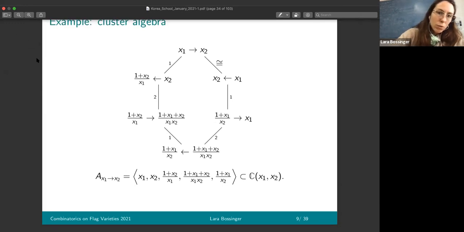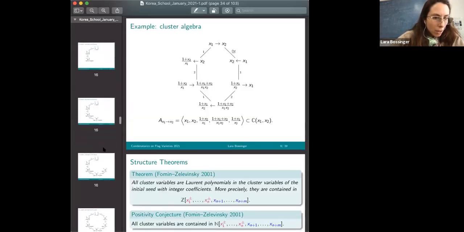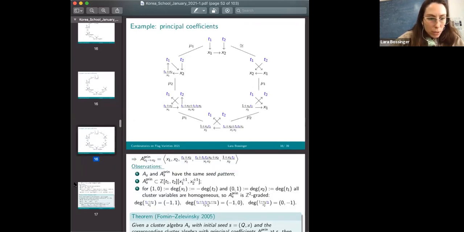Now I also have an example of the cluster algebra with principal coefficients.